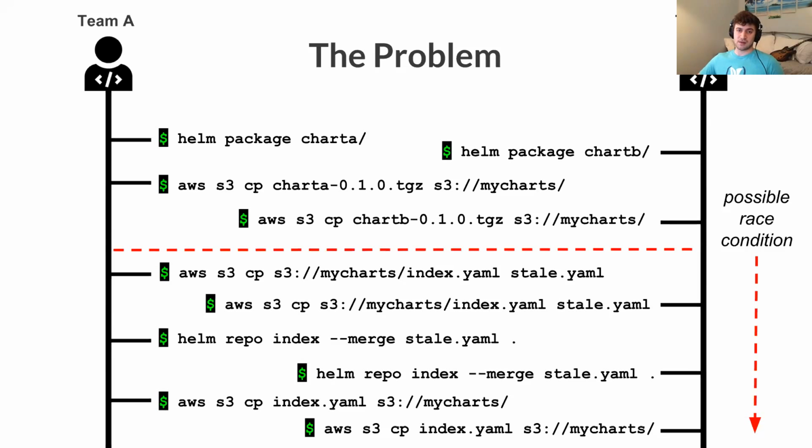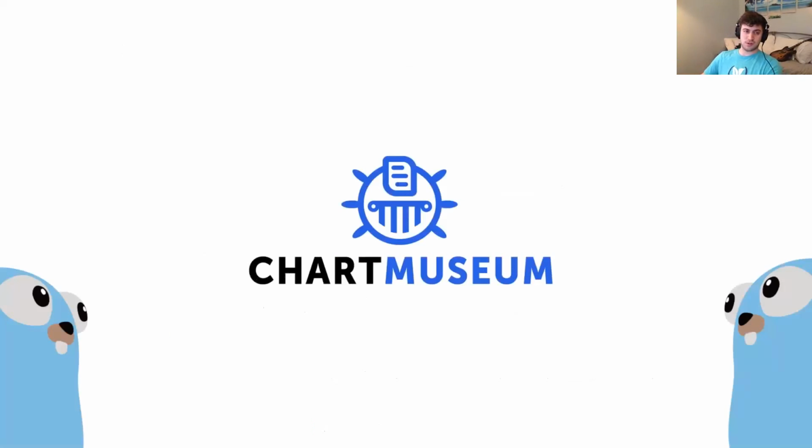But the simple solution is to run a ChartMuseum instance. ChartMuseum basically manages that index file for you, and every time a request comes to the server, it gives you the up-to-date versions that are in your S3 bucket or wherever you're storing your charts. This is just a nice new logo that we have.